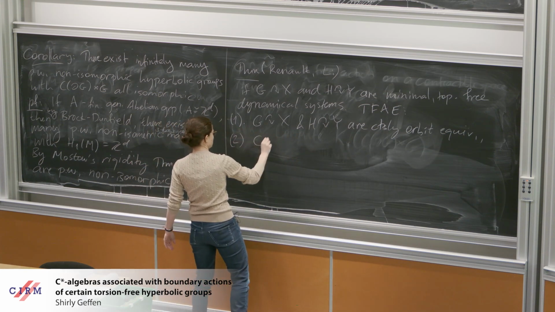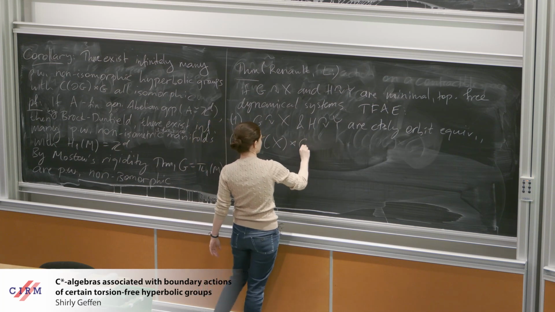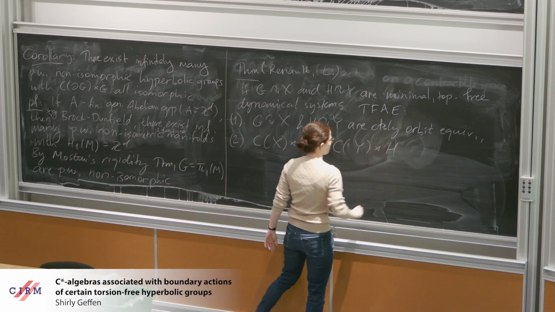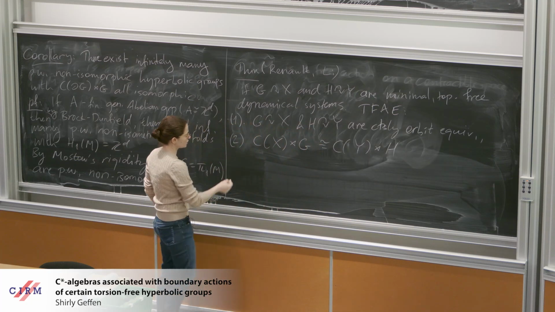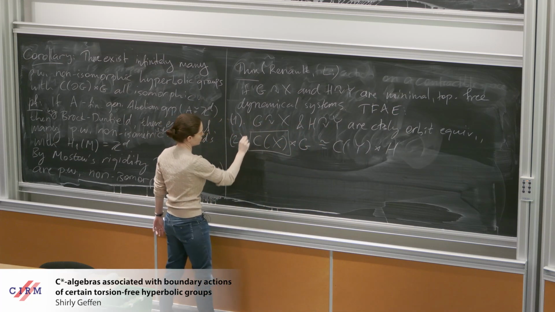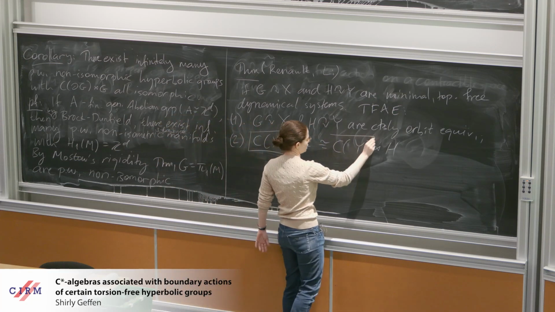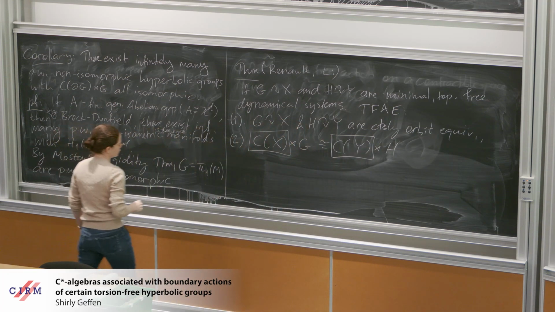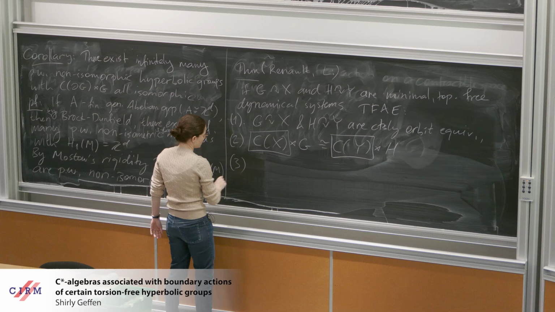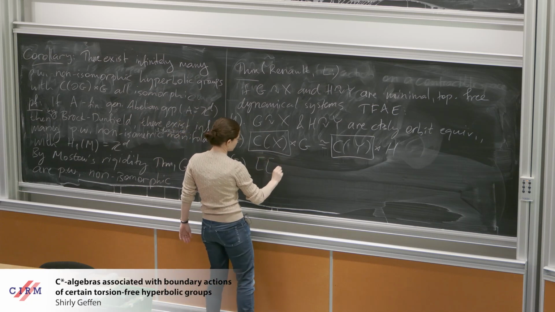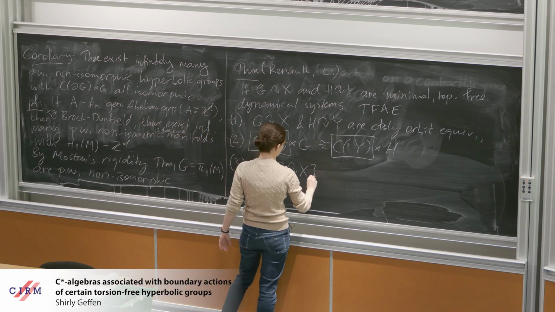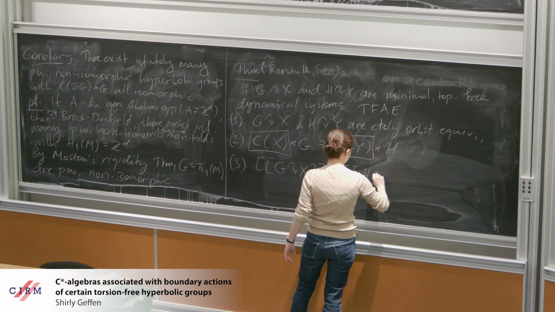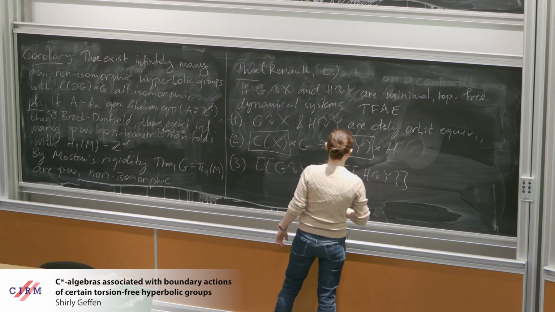Second, the cross product C-star algebras are isomorphic, and the isomorphism preserves the canonical Cartans, namely the canonical maximal abelian C-star algebras inside. And the third equivalence is that the topological full groups of the systems are isomorphic groups.